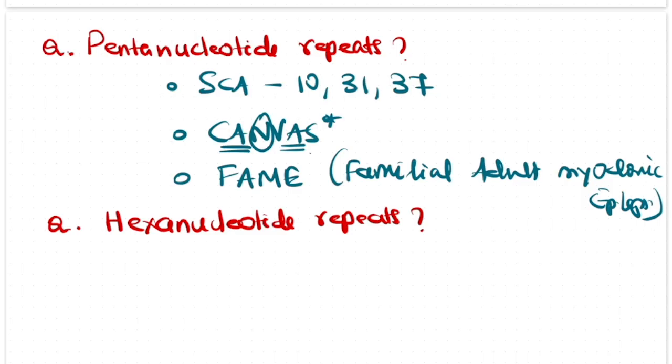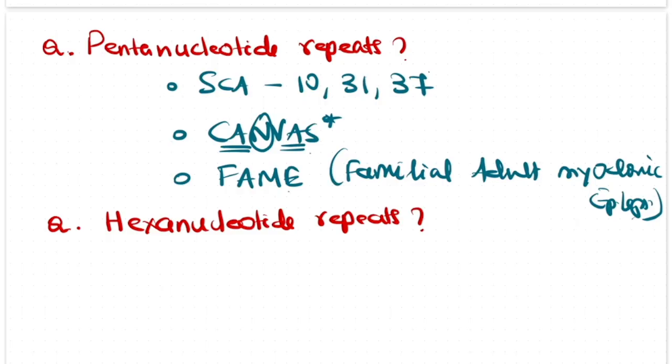MCQs can be like which type of SCA will have pentanucleotide repeats? Options can be SCA 1, 3, 7, 17, 10, like that. So you should remember SCA 10, 31, 37. Then CANVAS, which is an autosomal recessive inherited ataxia. FAME is not related to ataxia, but it is associated with myoclonic epilepsy.